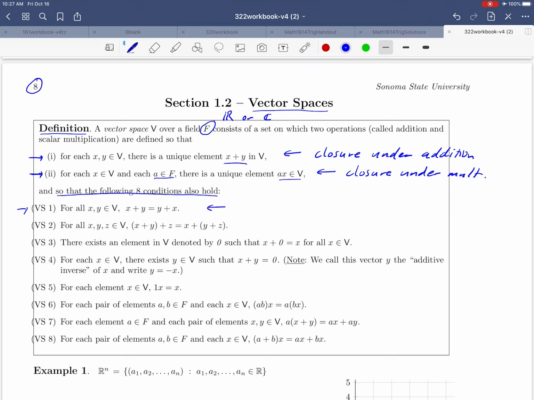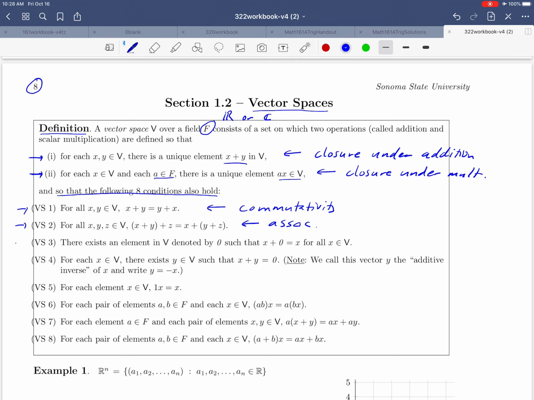So this would be called commutativity of vector addition. What about VS2? For all x, y, and z in V, x plus y grouped together plus z is x plus y plus z grouped together. Do you remember what the name for that property is? That would be associativity of vector addition.